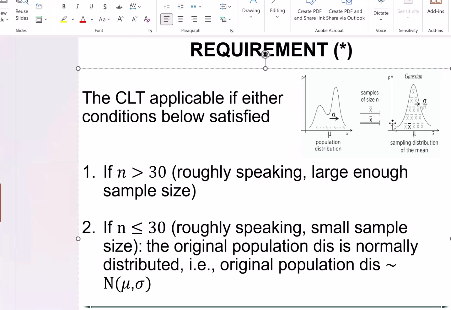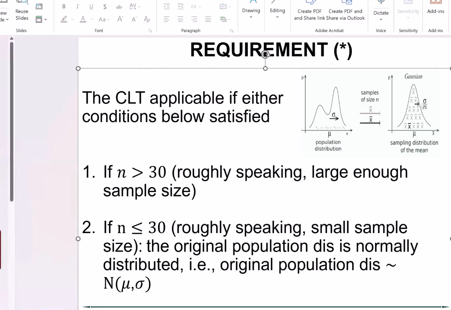We will always have the central limit theorem applicable, which tells us that x bar will follow a bell-shaped distribution. So be very careful when you use the central limit theorem. You need to check that either of these two conditions is satisfied. If both are satisfied, it is the best scenario, but at least one of them must be satisfied in order to apply it.